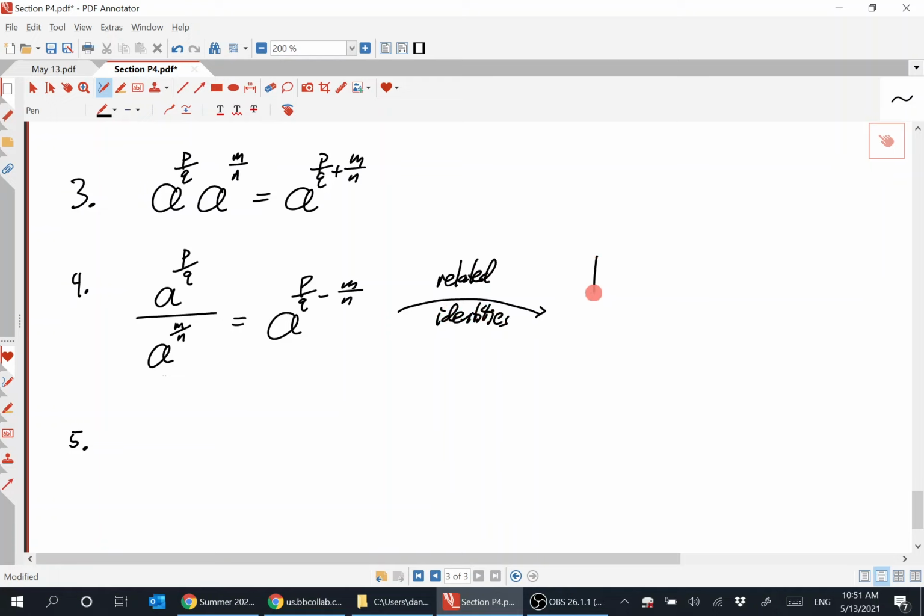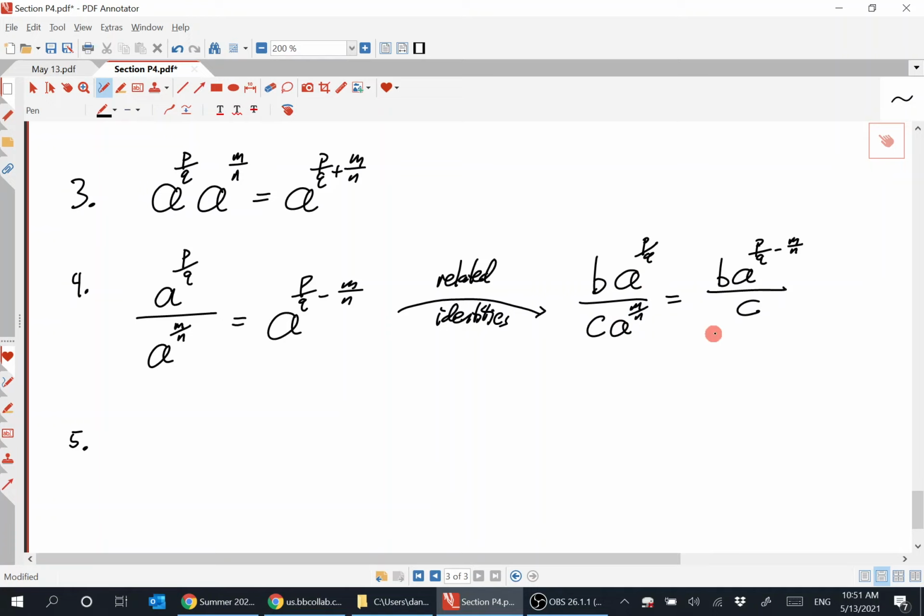When you have, say, b times a to the p over q over c times a to the m over n, we think of this by canceling. We cancel this, and then we subtract it from that. So this becomes b a to the p over q minus m over n over c. That's how that identity gets used more often.